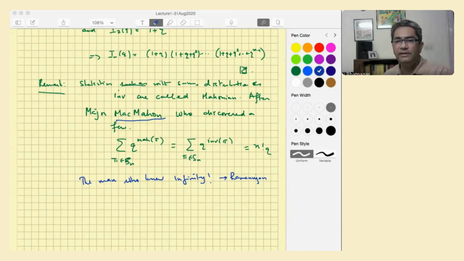In fact, he was posted in India. Then he went back, and after retirement he was basically a mathematician, and he wrote a book called Combinatory Analysis, Volume 1 and Volume 2. And he was a natural computer, and apparently he was better than Ramanujan. A big deal is being made of Shakuntala Devi. Apparently there's a movie about her, and people are claiming that she's a mathematician. But that's not true. She used to be good at arithmetic of a certain kind. And MacMahon is another example of a very natural computer.